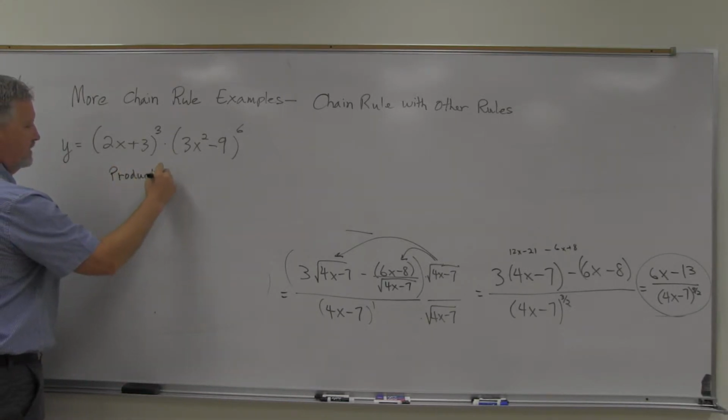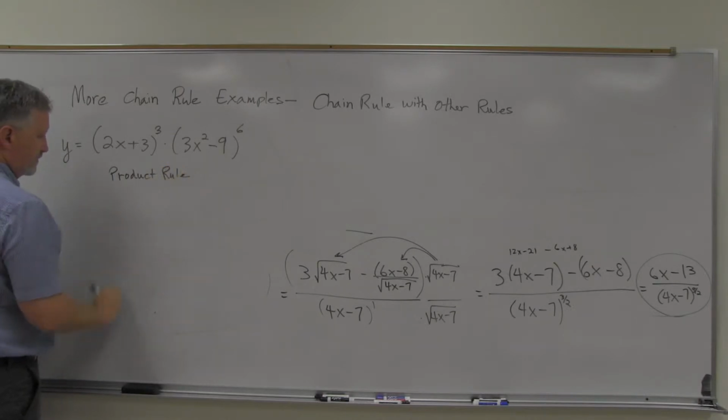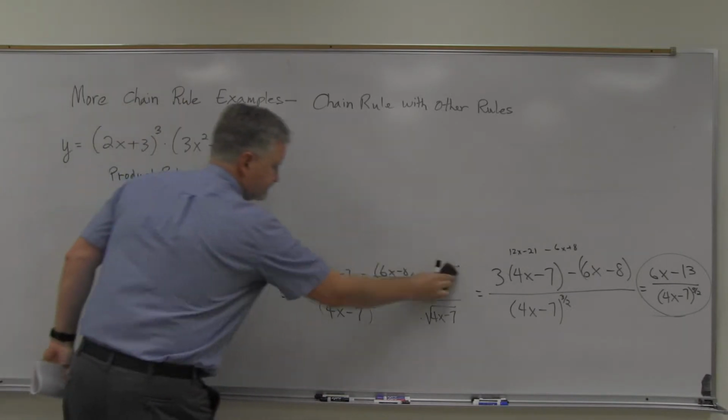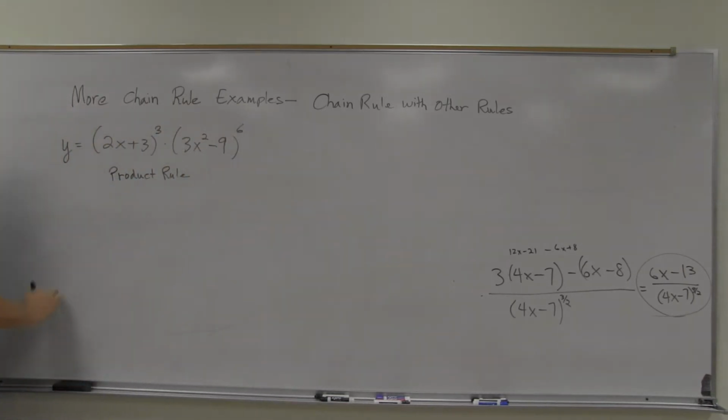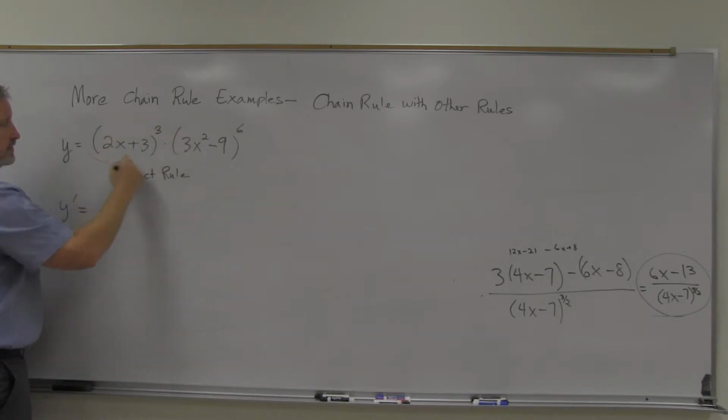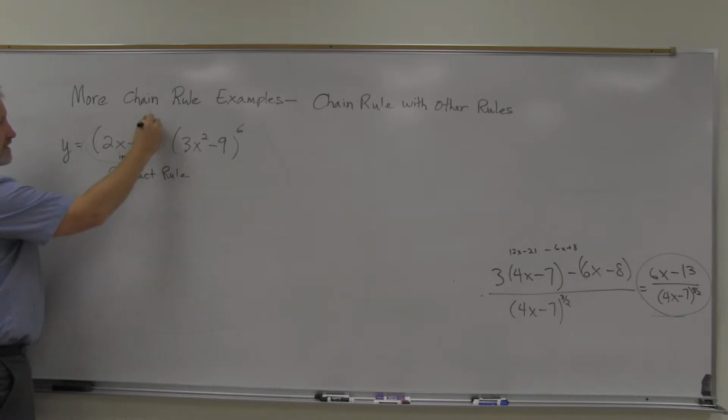So let's start with the product rule. Okay, so derivative here is, in the product rule, remember what it is, you kind of alternate doing the derivative. So if I do the derivative of the first one here, well, that's inside, outside, chain rule.